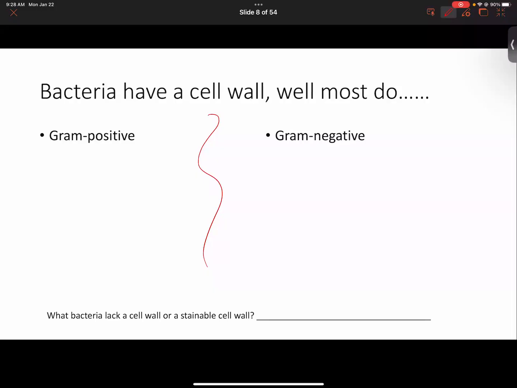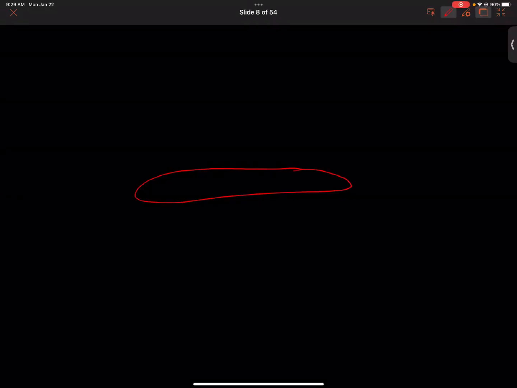But I am curious, if you know that a gram-positive organism has a plasma membrane, and then you know it has this thick peptidoglycan cell wall surrounding it, what does a gram-negative cell look like then? So if this is a gram-negative bacterial cell, and this is its circular chromosome, okay?